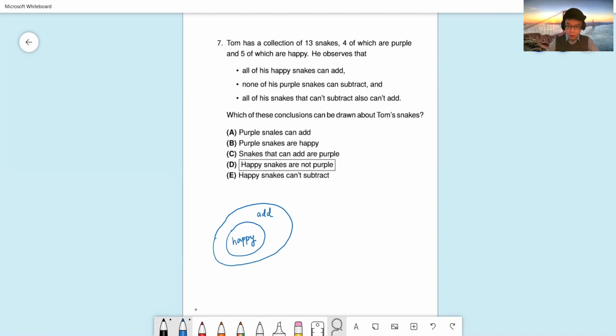Okay, we look at the third statement here. All his snakes that cannot subtract also cannot add. That means if a snake can add, the snake must be able to subtract.